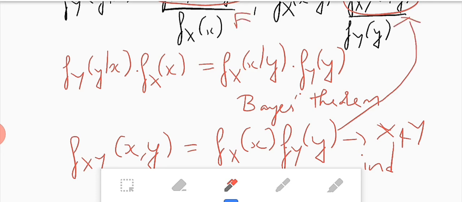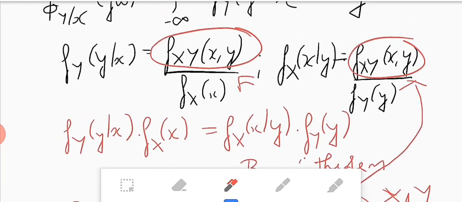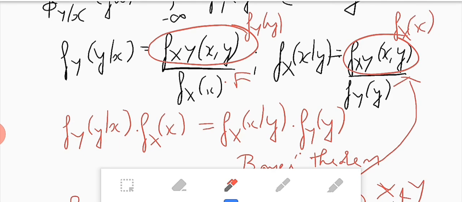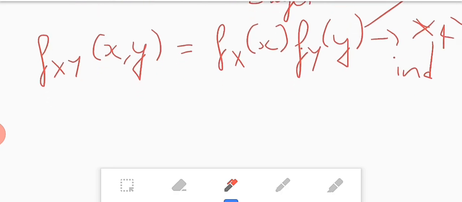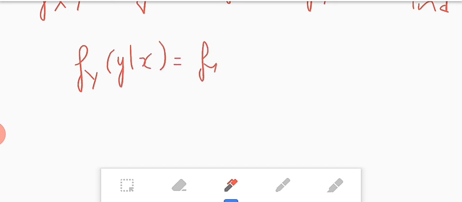Your fx of x will cancel out and you are left with fy of y, and on the other side fx of x. So if x and y are independent, then your conditional marginal PDF is nothing but your marginal PDF.